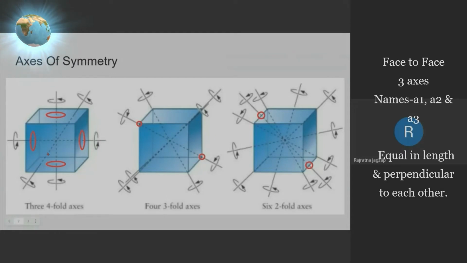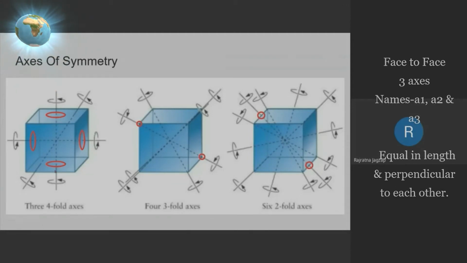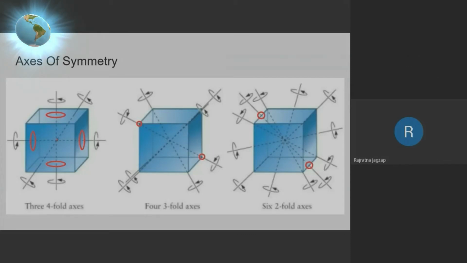That's why they are called A. But to differentiate between these three axes, we say front to back is A1, right to left is A2, and top to bottom is A3. The front end of A1 is positive, the back end is negative. The right hand side end of A2 is positive, the left hand side end of A2 is negative. The top end of A3 is positive, the bottom end of A3 is negative.